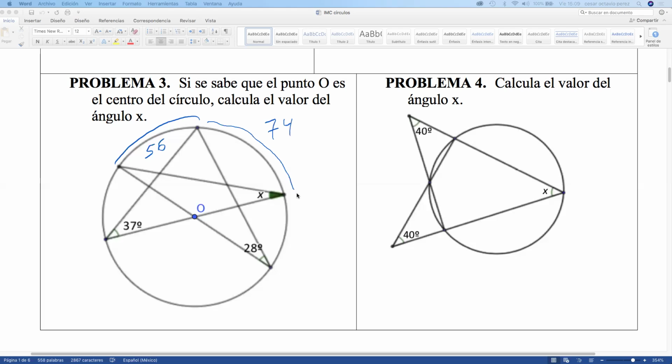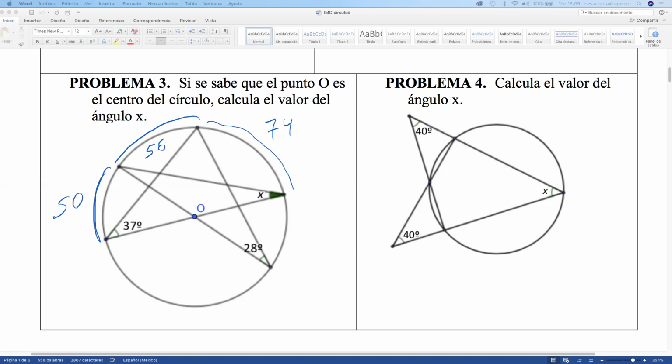Or you made it some other way. Lo hice así. ¿Sí lo hiciste así? Ok. Bueno. Y entonces este es 180 menos 130, ¿no? Porque es 50.